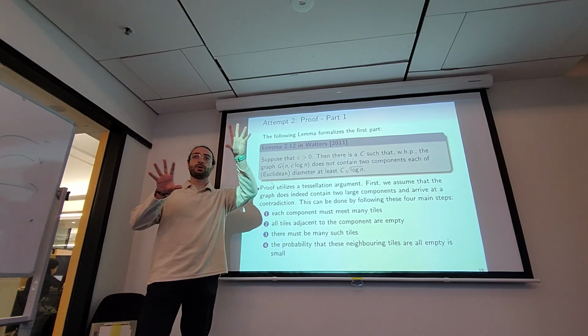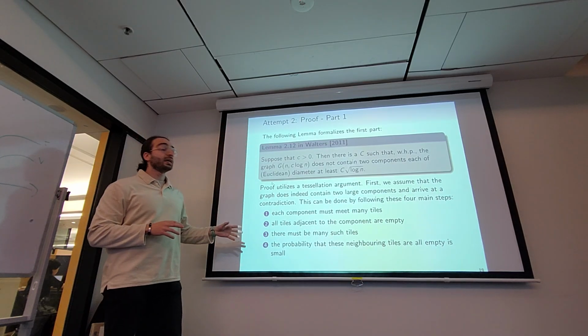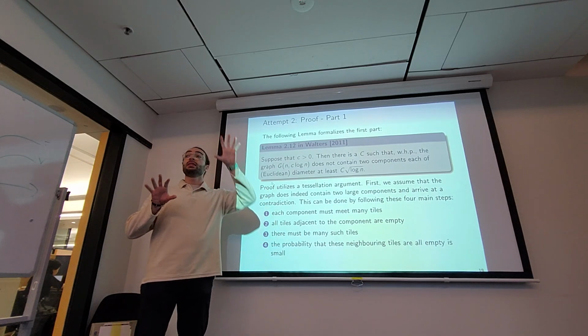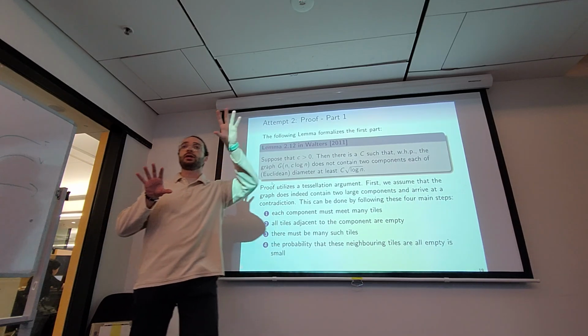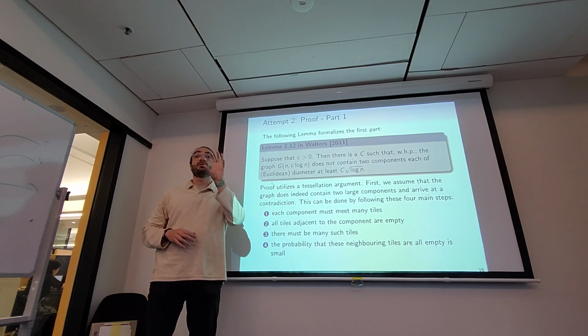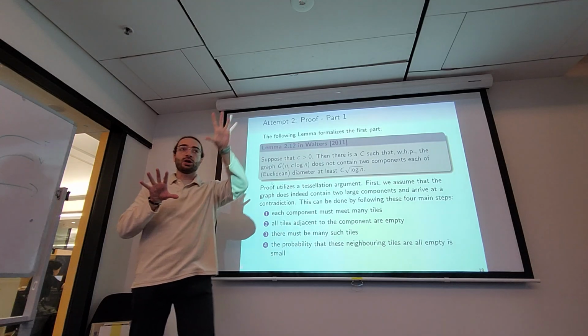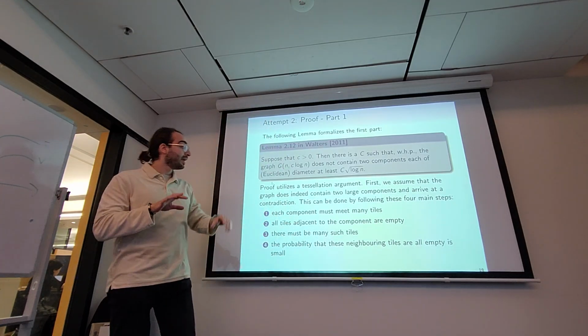Because they're large, those components must meet many tiles. What we mean by that is, if we take all the tiles which have either a vertex or an edge of either of the components, that's how many tiles those components meet.